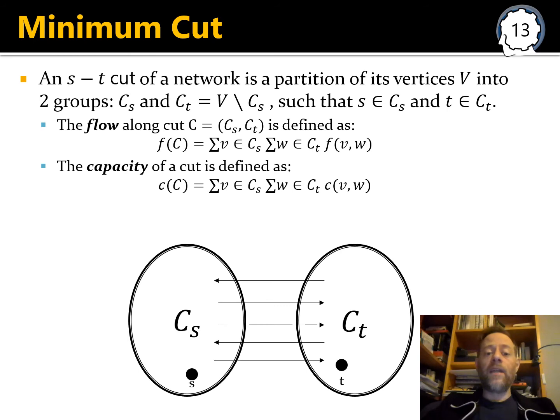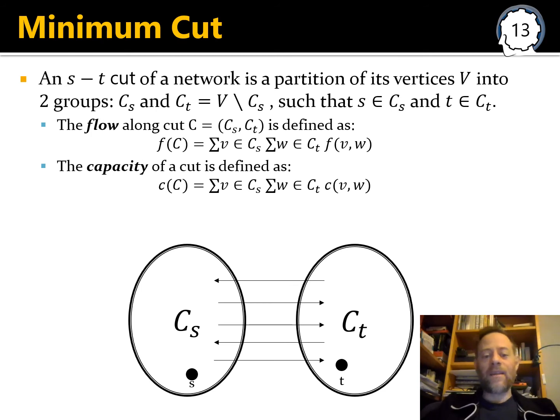And then we can define the flow along the cut as the sum of the flow going from the sink side to the source side. So basically the flow going from S, so from any node in S to T. So that's the sum of that. And then the capacity is basically the other way around.